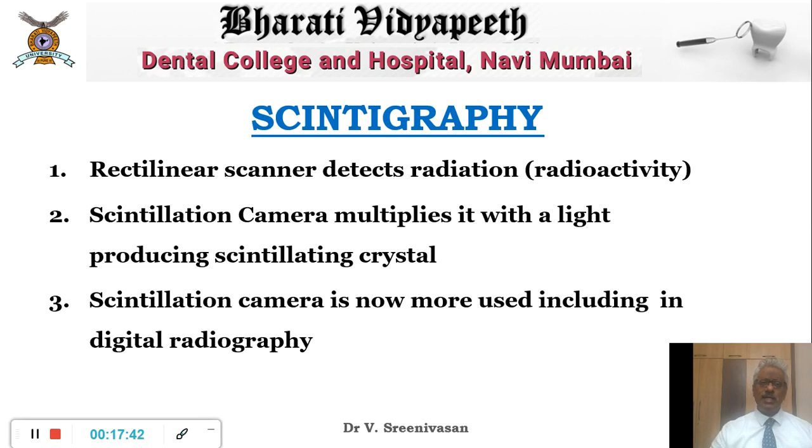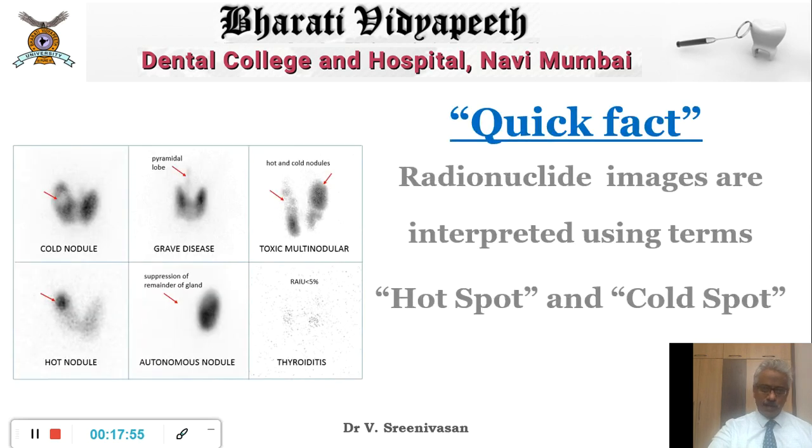Gamma cameras have multiple scanning units, just like we saw multiple arrays in computed tomography. And there's a scintillation crystal which makes it more sensitive to gamma radiation. And you use something called hot spots or cold spots. This is the terminology that you use in radionuclide imaging.